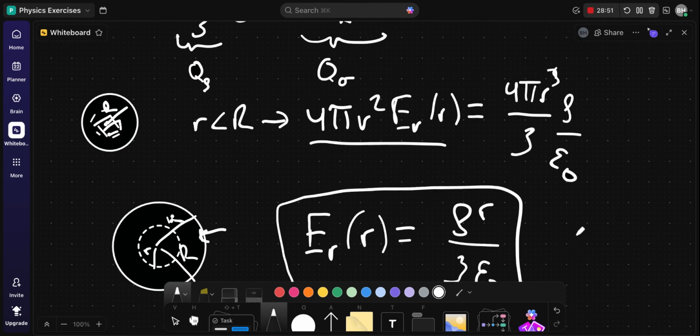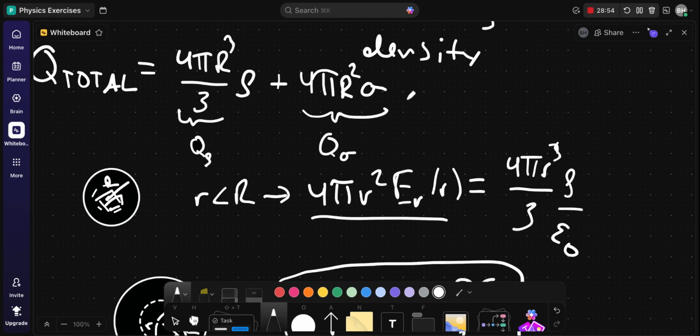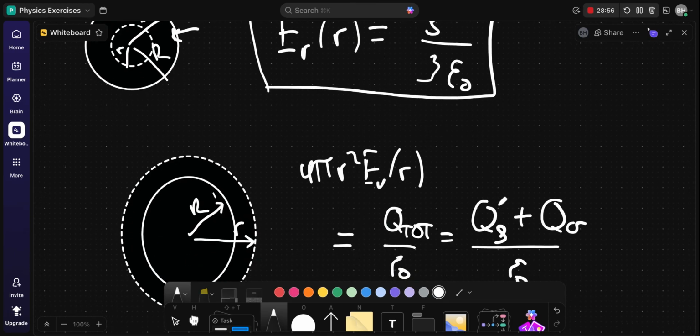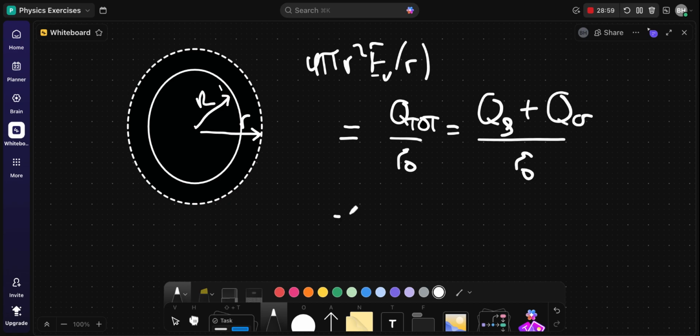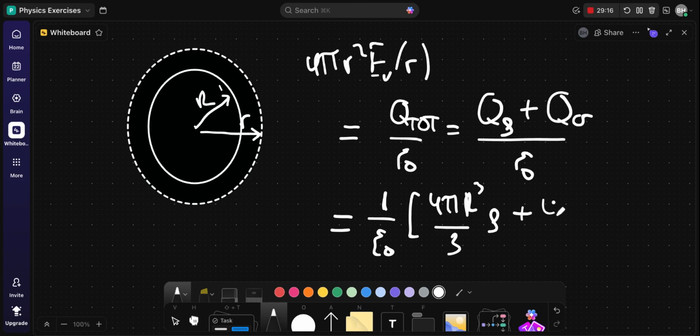Let's write it using the actual formulas that we figured out here. We can also write that this is equal to 1 over epsilon 0 times 4 pi capital R cubed divided by 3 rho plus 4 pi capital R squared times sigma. So these are all valid formulas for the electric field.